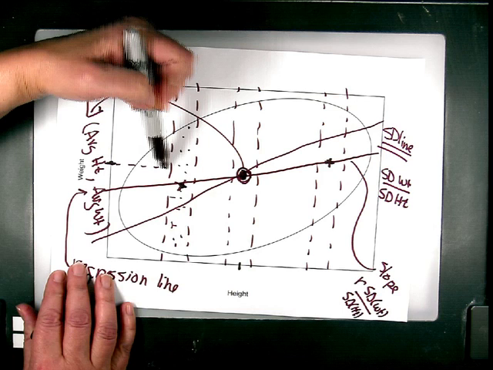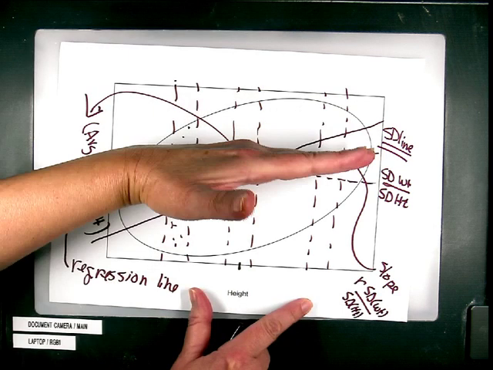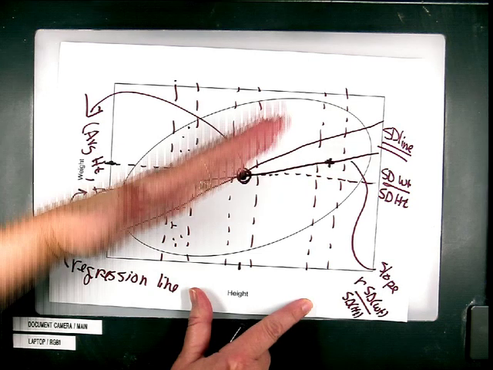notice that I have my SD line here, and the regression line rotates down and is less steep than the SD line, so that the values that are above average are now closer to the mean, and the values that are below average are now closer to the mean.